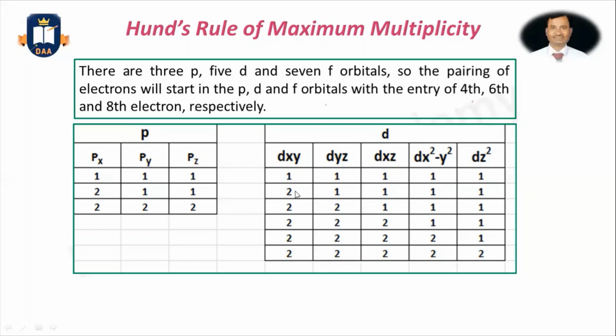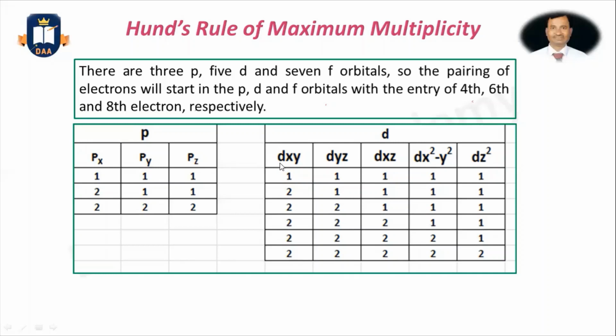Similarly, as the number of electrons entering the d orbitals increases, one by one each orbital will be paired. Finally, if 10 electrons come, then every orbital dxy, dyz, dxz, dx square minus y square, dz square will be paired, so each orbital will have 2 electrons.